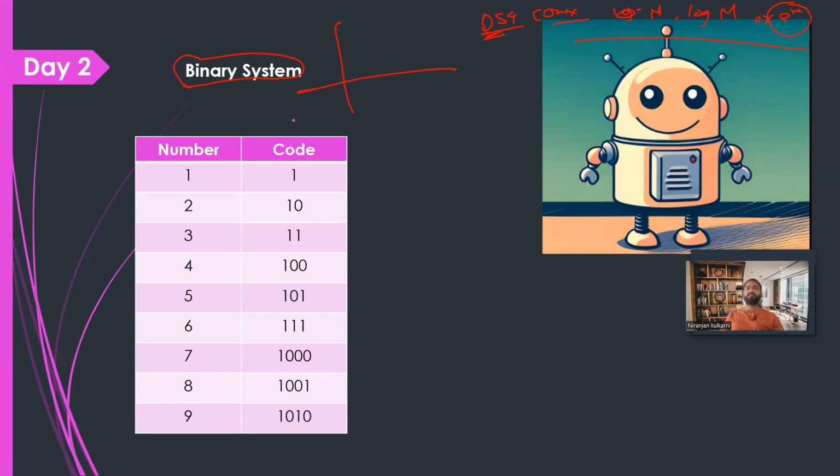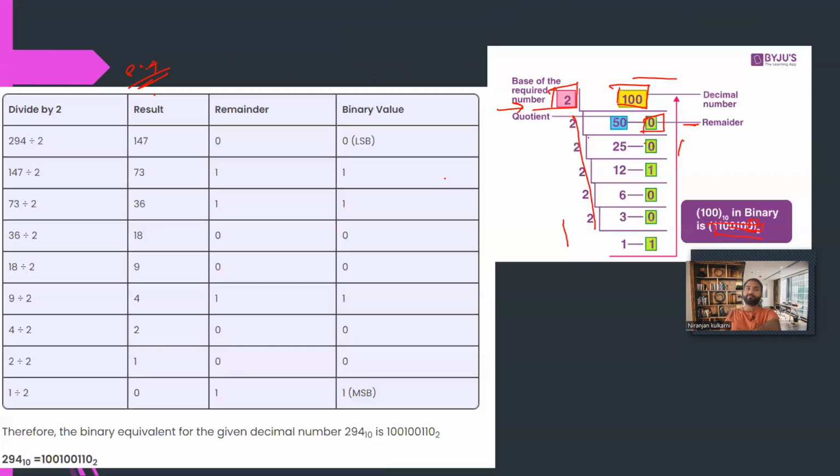For instance, for representing 100, how many digits do I require to store 100? If you see over here, I'll just count it. 1 2 3 4 5, 1 2 3 4 5 6.